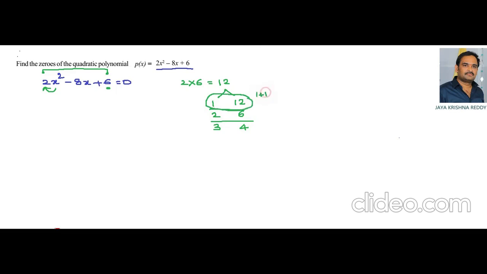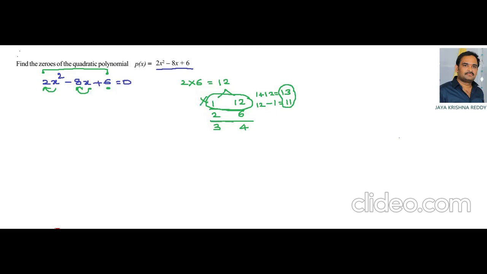By adding 1 and 12 you will get 13, and by subtracting 12 minus 1 you will get 11. Here the coefficient of x is 8. No need to consider the negative symbol now, let us consider only 8 first. So by adding or subtracting we didn't get 8 here, so no need to take this pair.